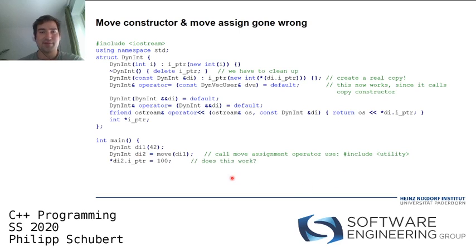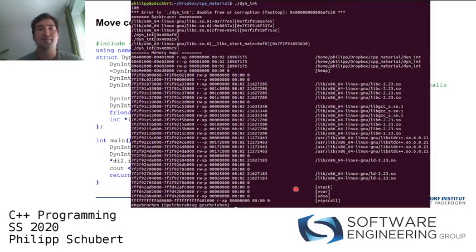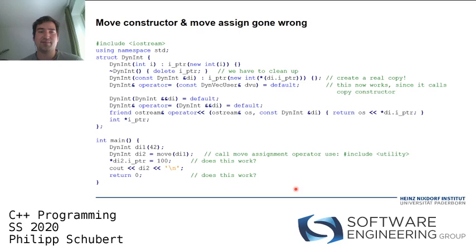And now does it work? If we just try to set the value of the allocated heap integer using this expression here, this should still work fine. But if we run that program, we still get a double free, because move by default also only performs a member-wise copy, because it doesn't know better.